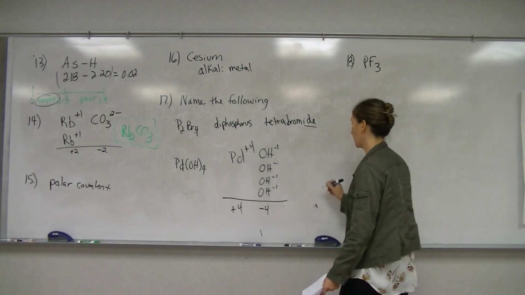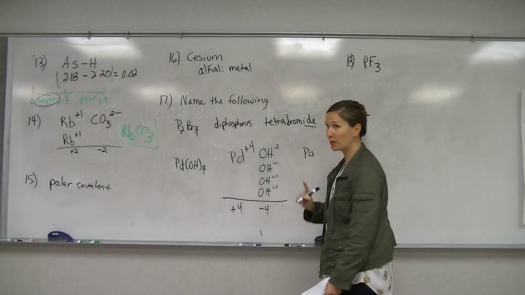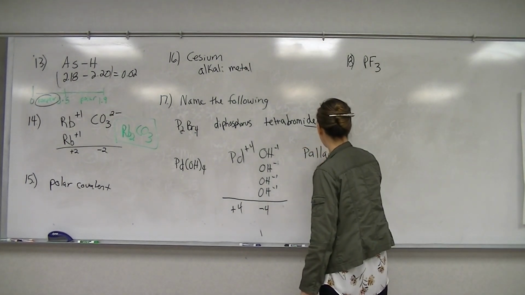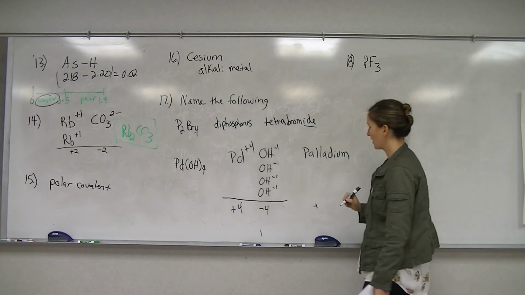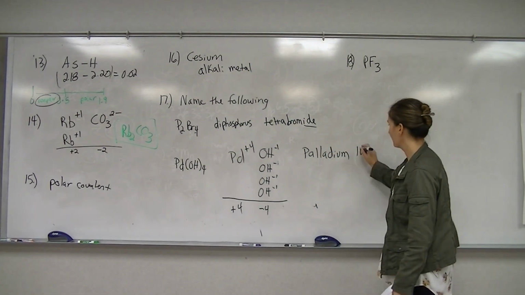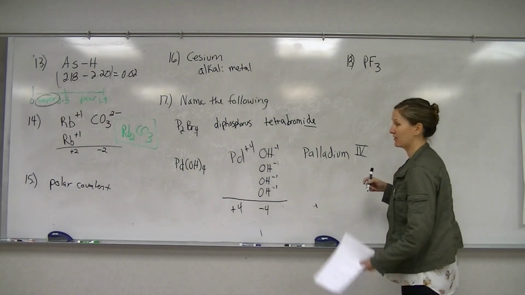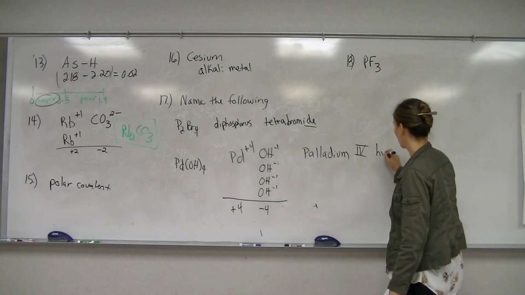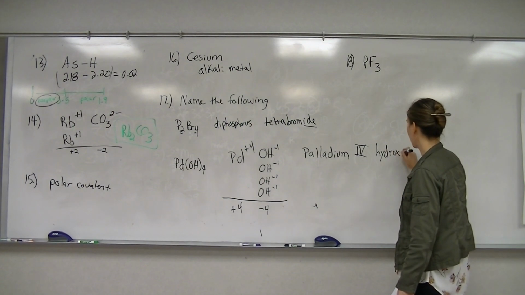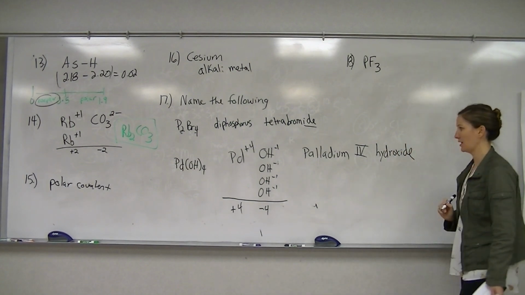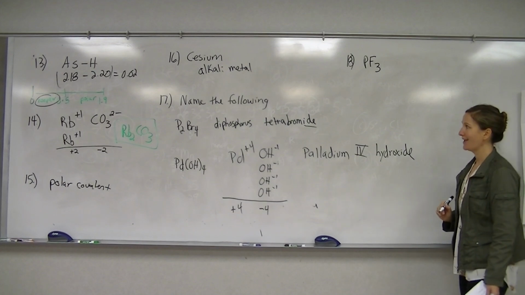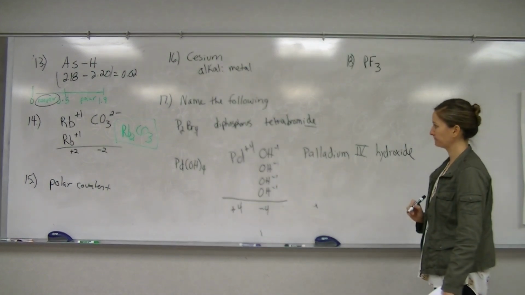When I name it, no prefixes because it's ionic, so I write palladium, Roman numeral 4, and then OH, that's polyatomic, so I look on the polyatomic table and write it exactly how it's written there, hydroxide. So palladium 4 hydroxide is the correct name for that one.